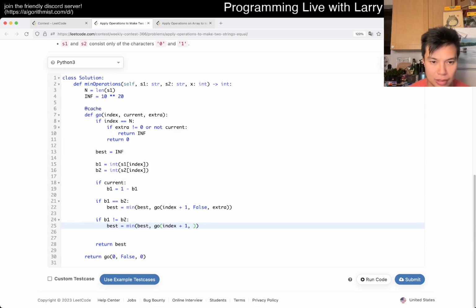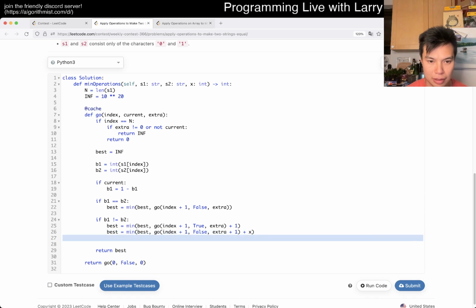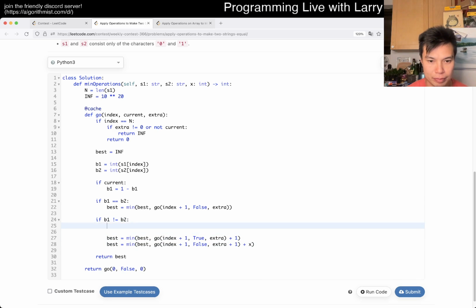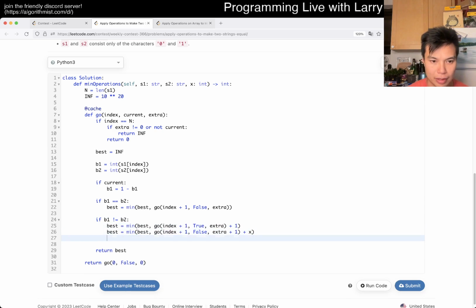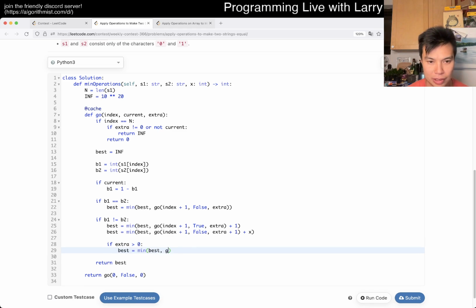Okay, so if it's not true, then you could do true extra +1, right? Okay, yeah. Or you can do keep this false, but extra +1 plus x, right? Or if extra is greater than 0, then you can just use one of the extras that you passed on before.